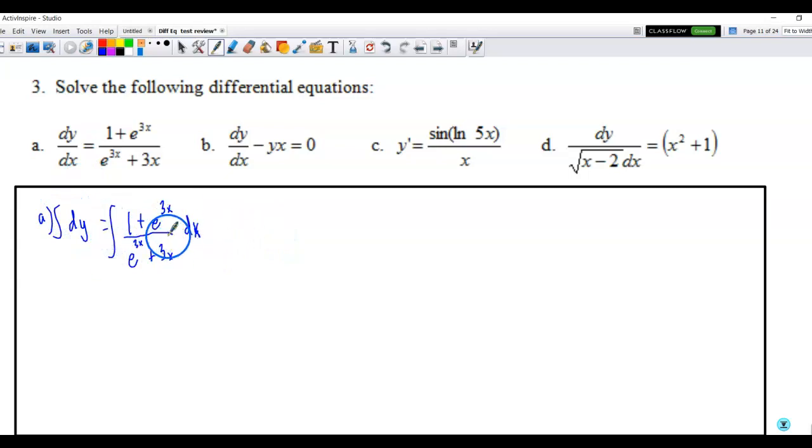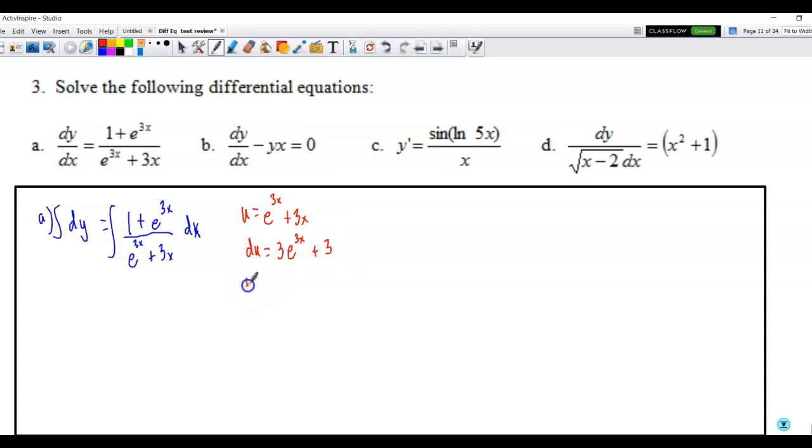The right-hand side, I have to think of a strategy. I'm thinking u substitution, so I'm going to let the denominator, u, equal e to the 3x plus 3x. The derivative of that, the derivative of e to a power is e to the power times the derivative of the power, and the derivative of 3x is 3.